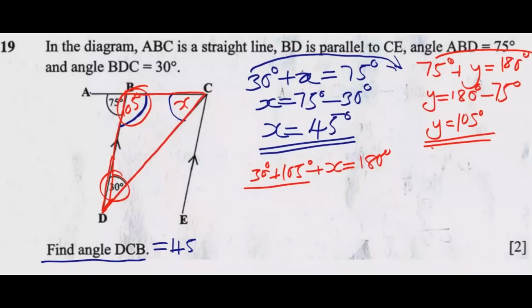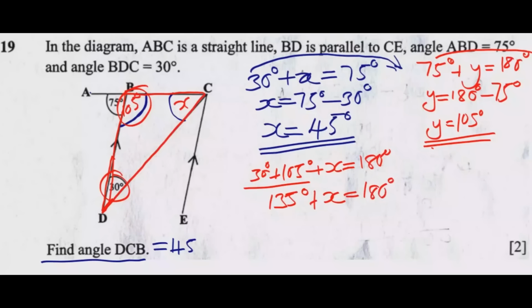Then we evaluate: 30 plus 105 will give us 135 degrees, plus x is equal to 180 degrees.